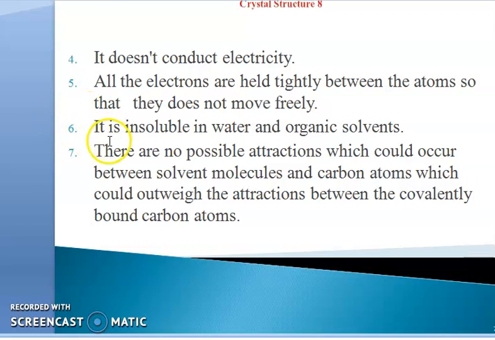Once more I will tell you, there are no possible attractions which could occur between solvent molecules and carbon atoms. No possible attractions in the sense that they could outweigh the attractions between the covalently bound carbon atoms.